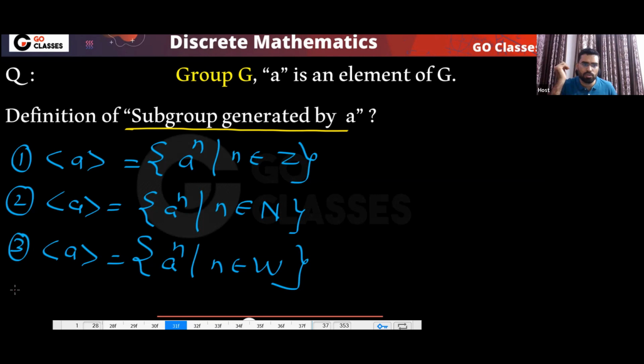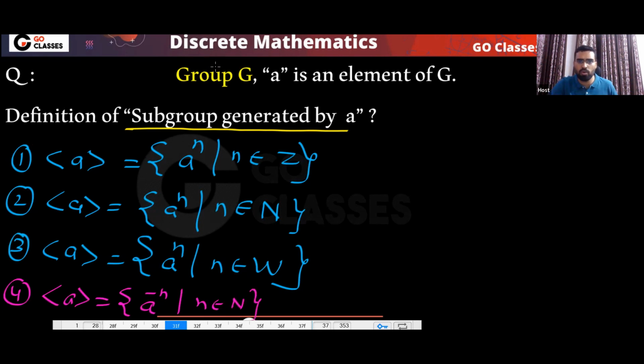The fourth option I can give you is A to the power minus n, where n is a natural number.